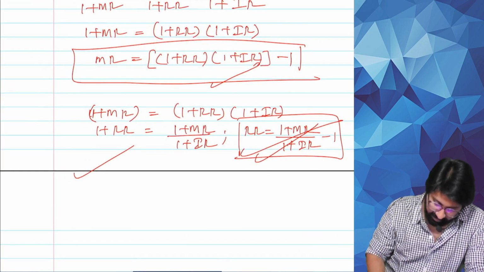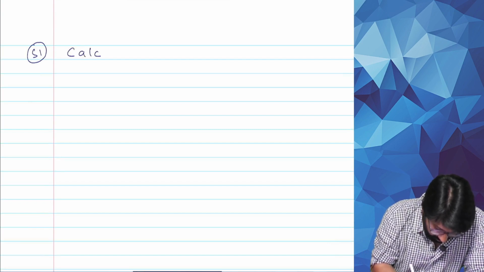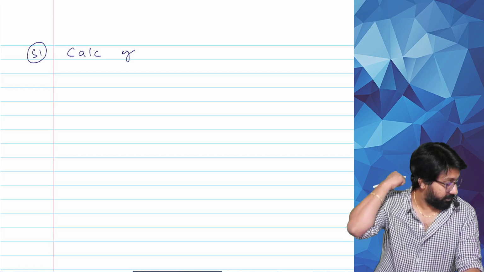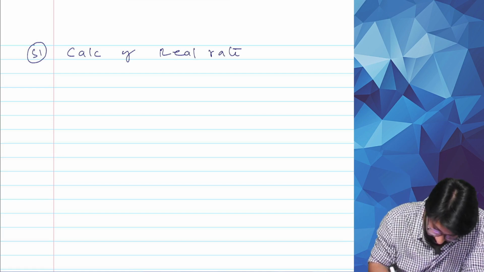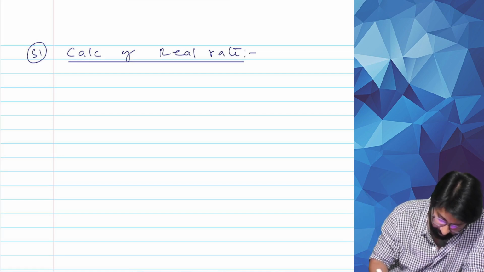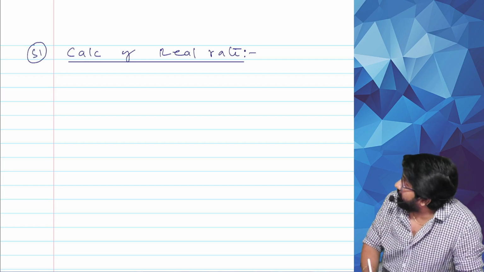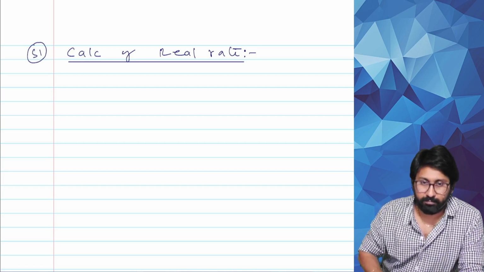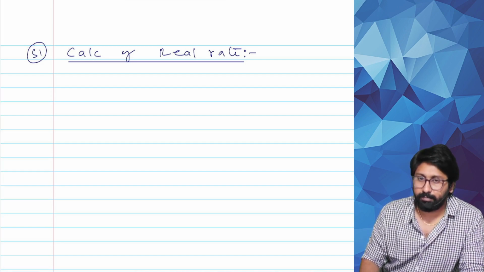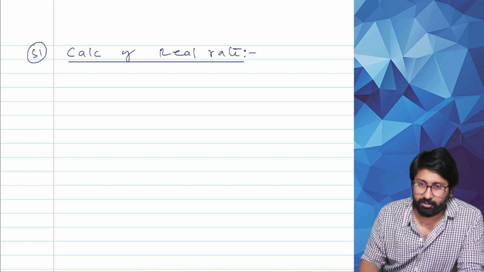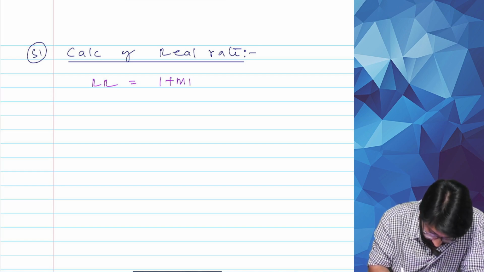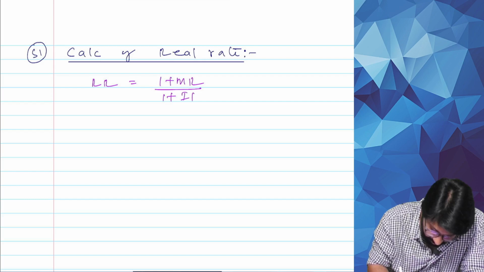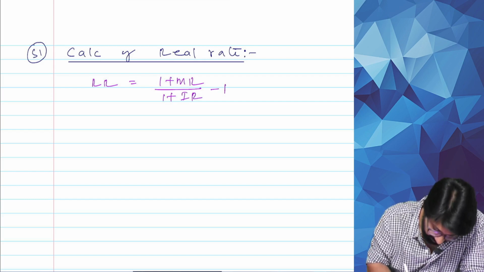Keep the heading. Step 1: Calculation of real rate. Write down: RR equals (1 plus MR) divided by (1 plus IR) minus 1.